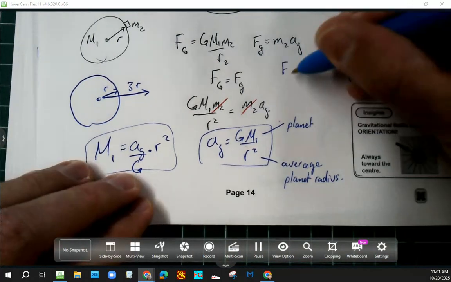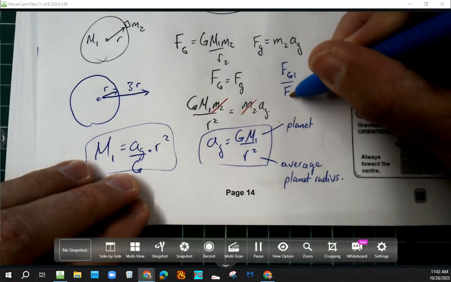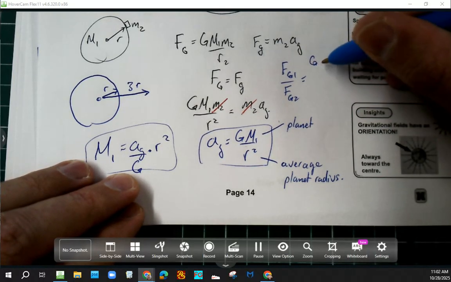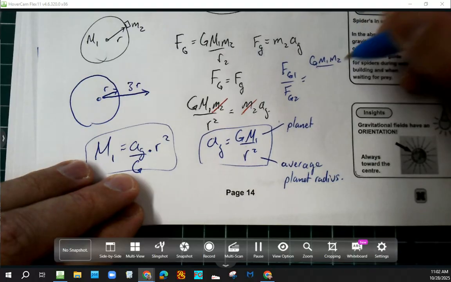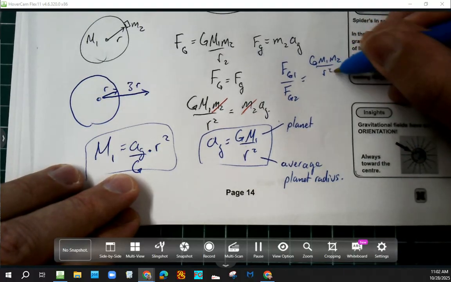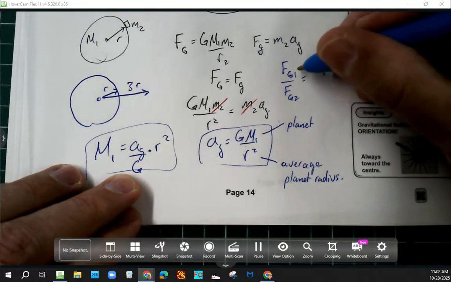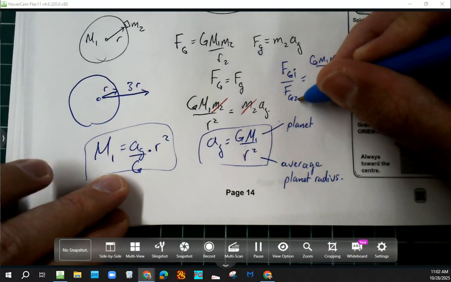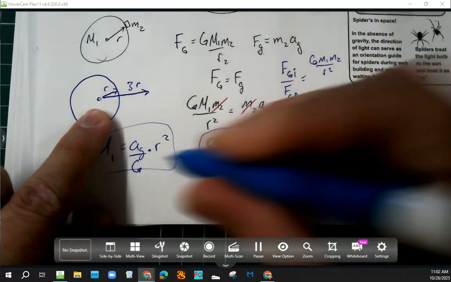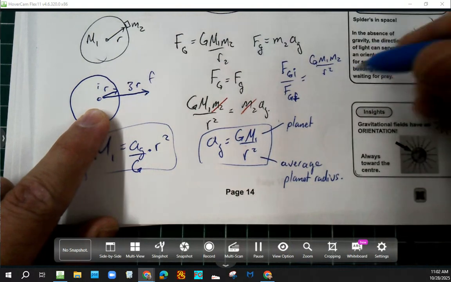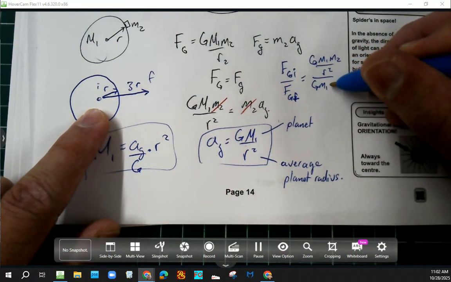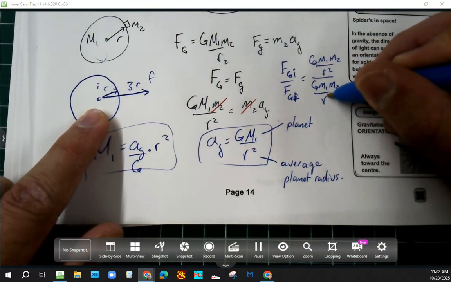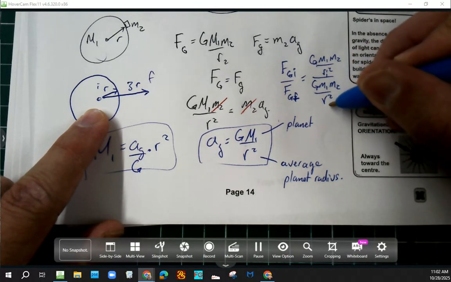They'll say Fg1 divided by Fg2 equals G m1 m2 over r squared. And actually, I shouldn't even say Fg1, Fg2, I should say Fg initial, Fg final, if I was going to go from an initial position to a final position, divided by G m1 m2 over r squared, where this would be the r initial and this would be the r final.